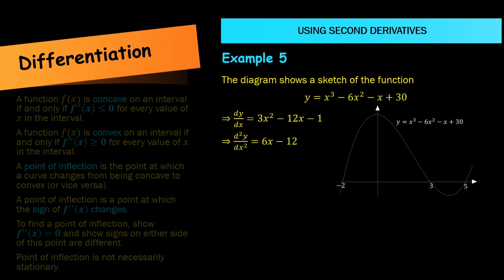Differentiating again gives us d2y dx squared equals 6x minus 12 plus 0. Now d2y dx squared equals 0 when x equals 2.